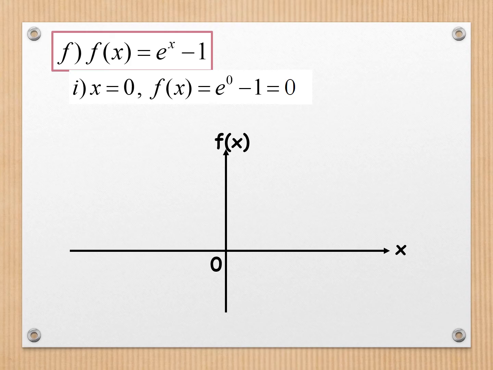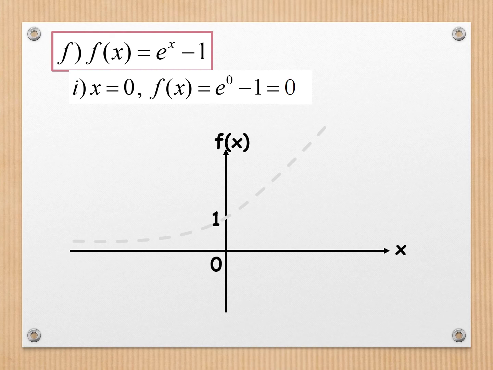So alternatively, we can sketch e to the power x first. So e to the power x is the dotted curve here with y-intercept 1. And then we shift the graph until the y-intercept is 0.